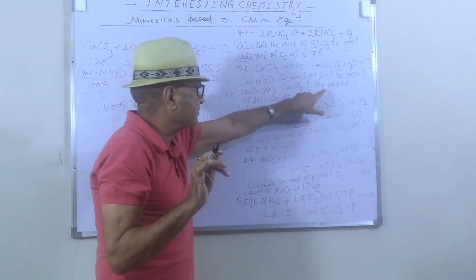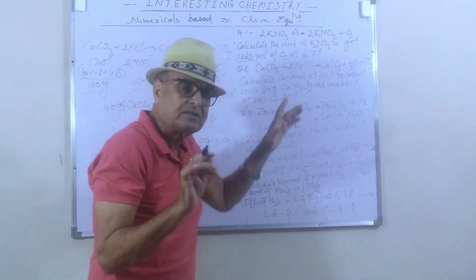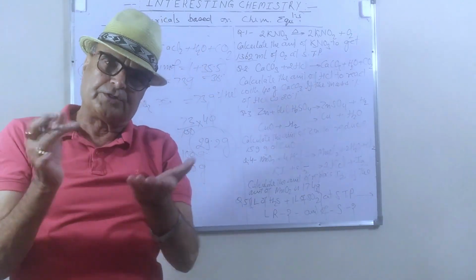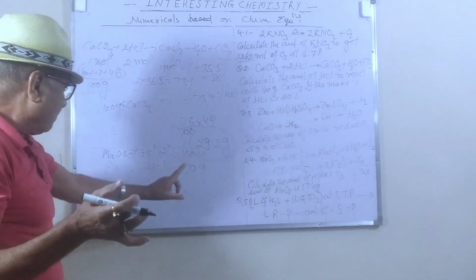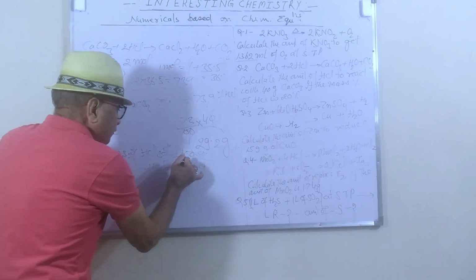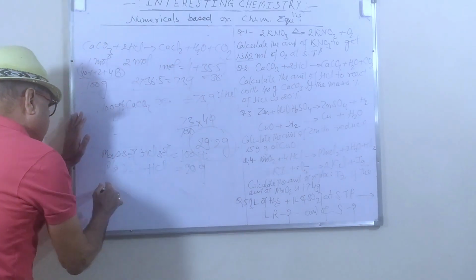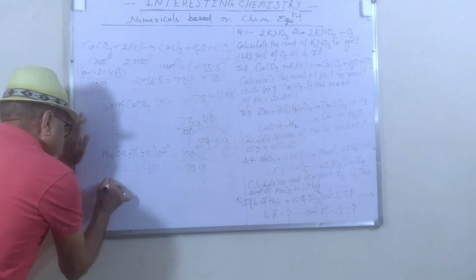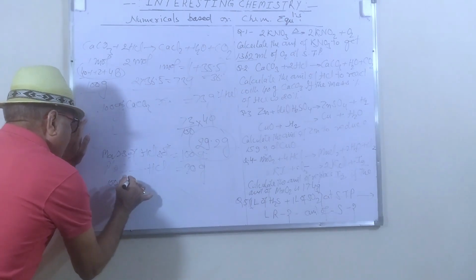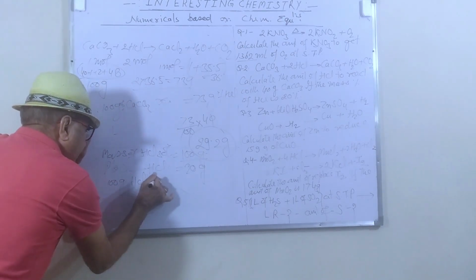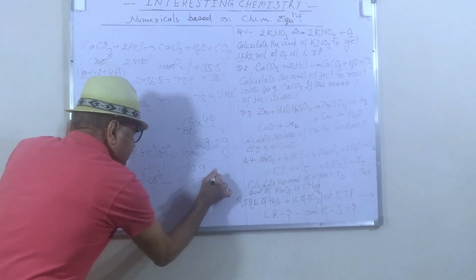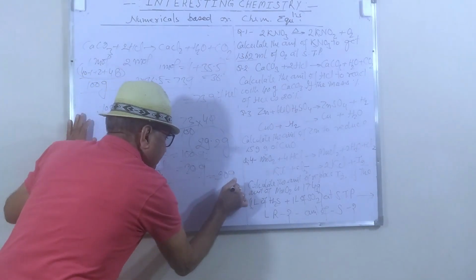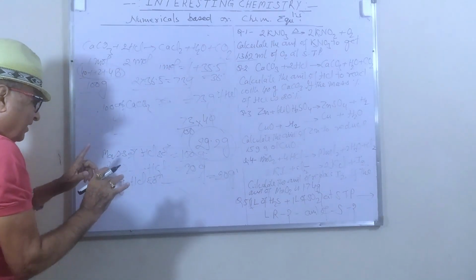This tells us the mass percentage of HCl is 20%. So the 100 gram of HCl solution contains 20 gram of HCl.